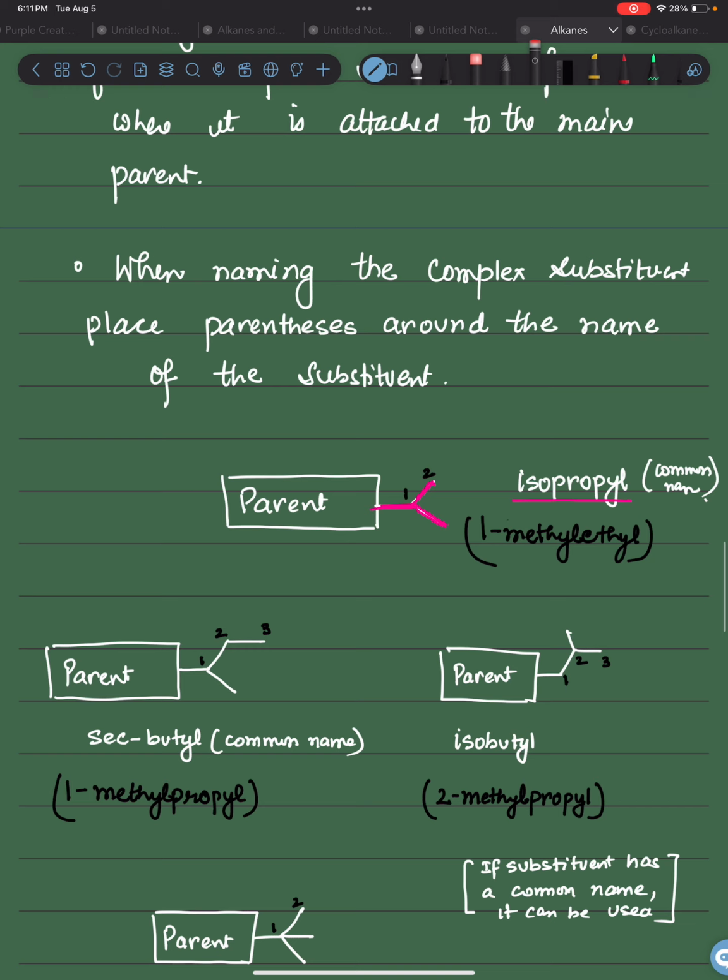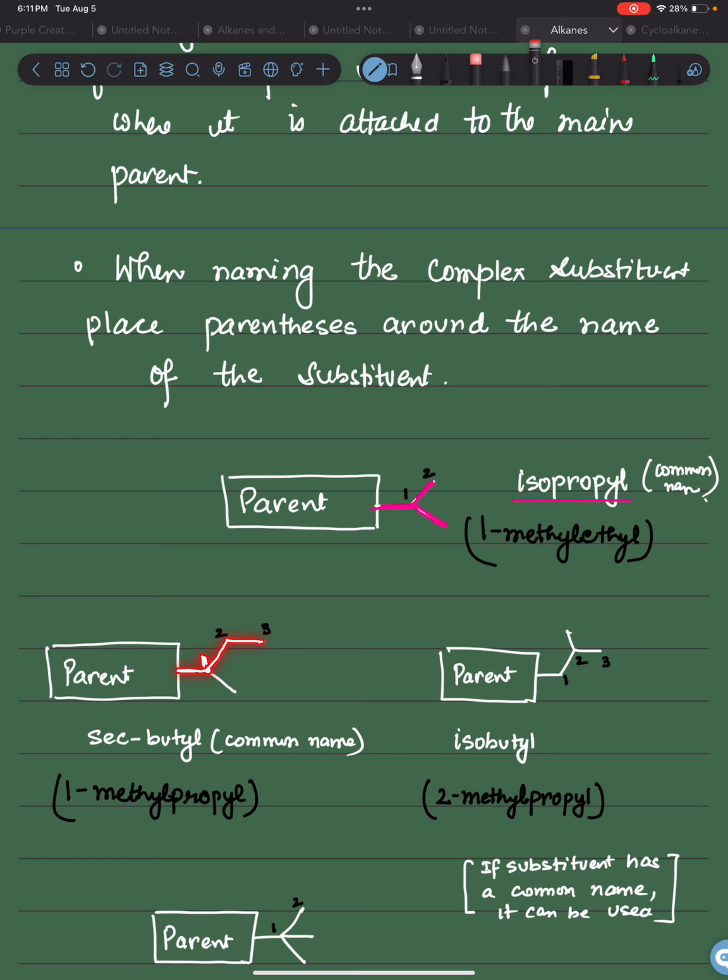If this is the parent chain and you have this type of complex substituent attached, obviously you give number 1 to the carbon from where it is connected to the parent. Then you can go either side, but you go to the side which gives you the longest chain. That is why I have chosen that side.